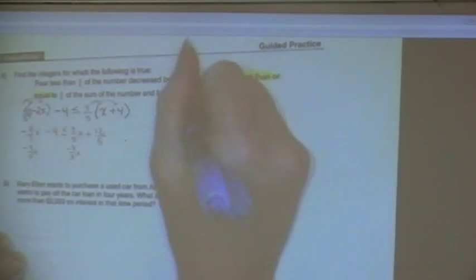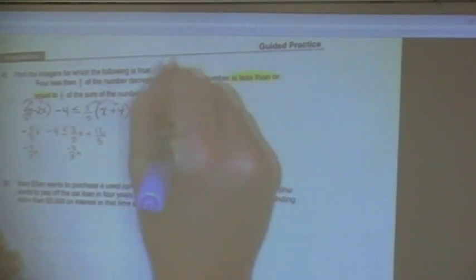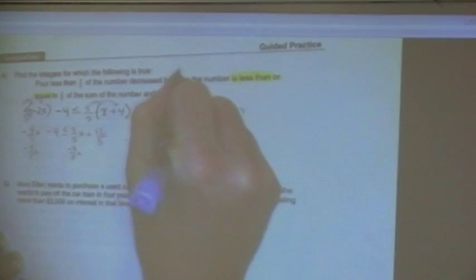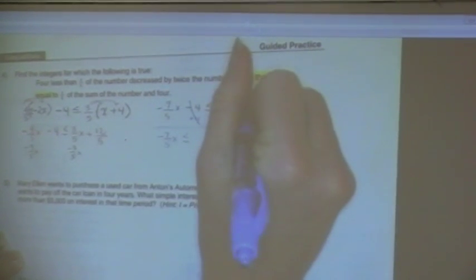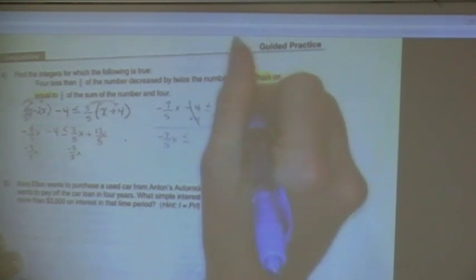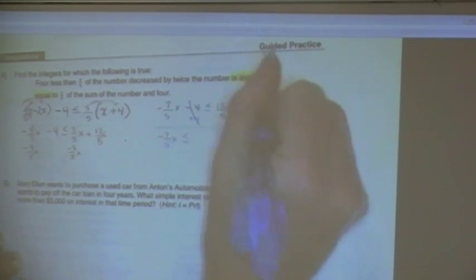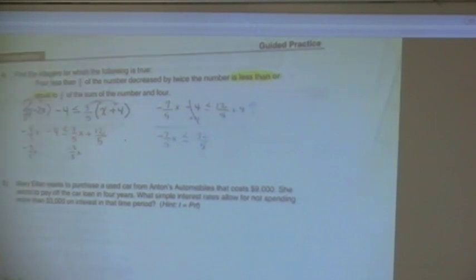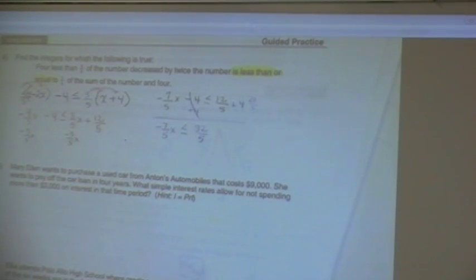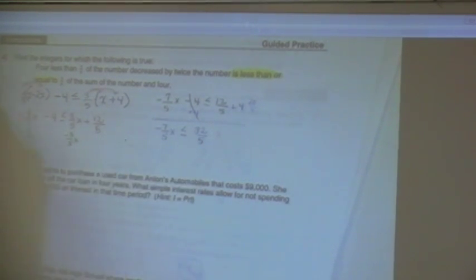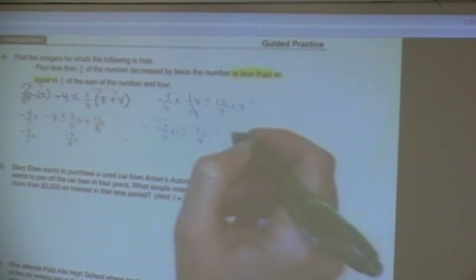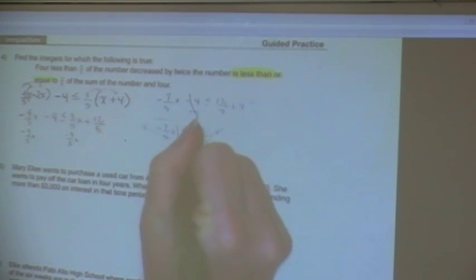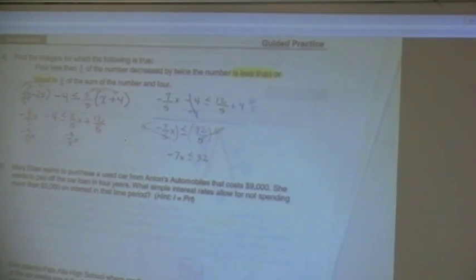Add 4. Now I'm going to clear my 5s all at once. 5 and 5. And then divide by -7.